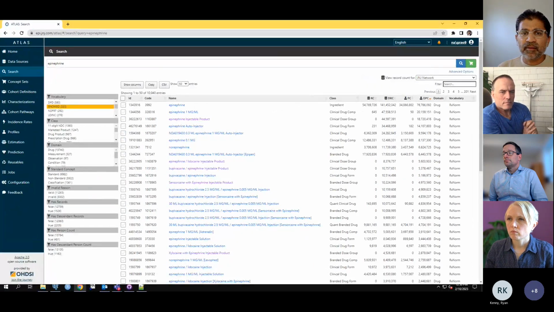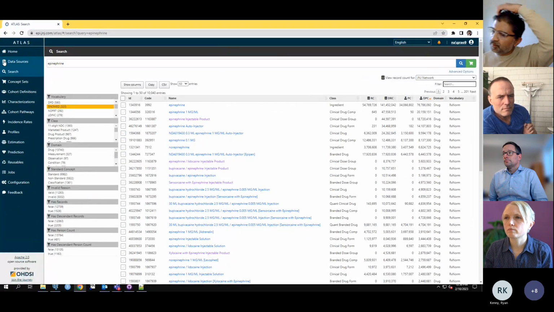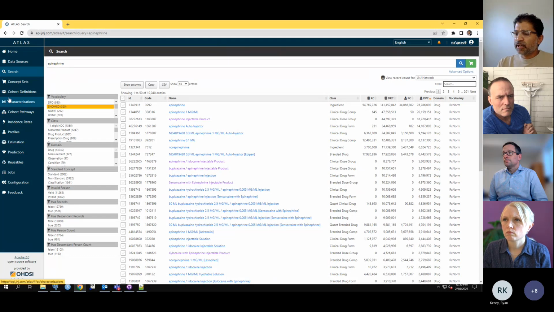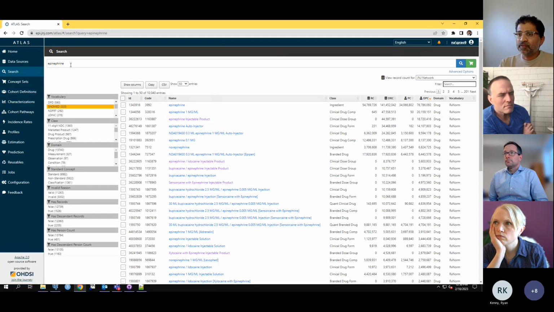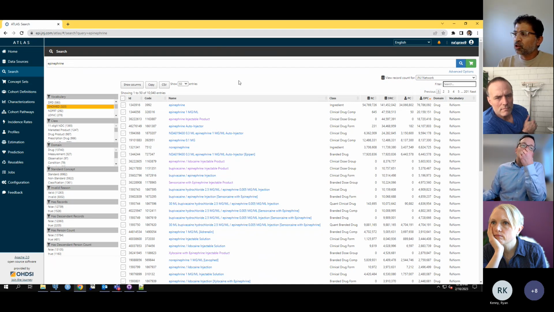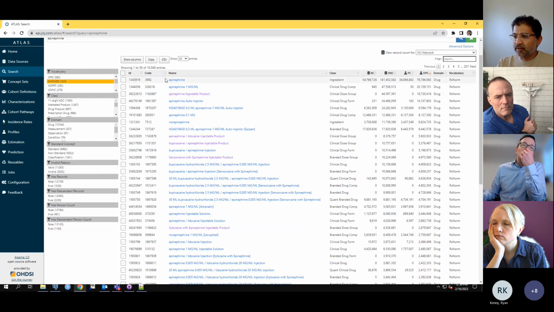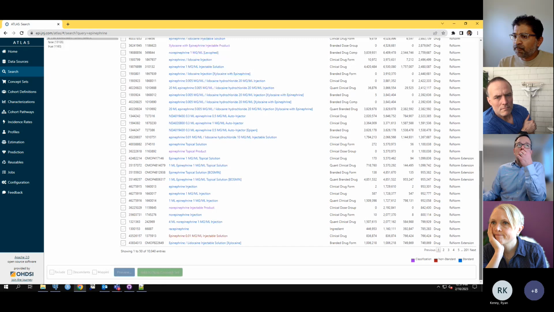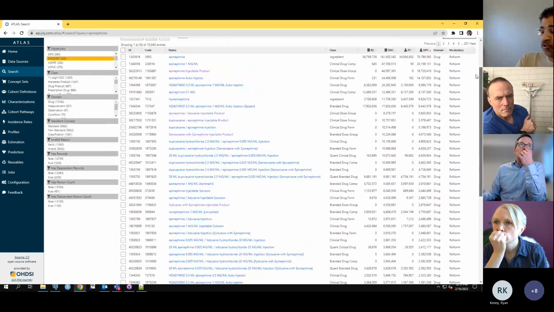So I am bringing up a table here, which is a return of the search term epinephrine. It is showing the record counts of all the codes that have epinephrine in it, and it goes to 201 pages. In this, I can see several individual concepts.